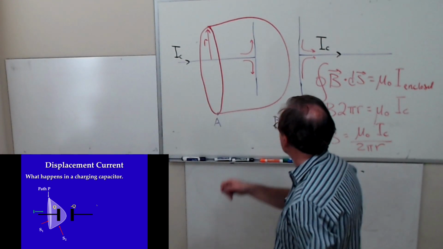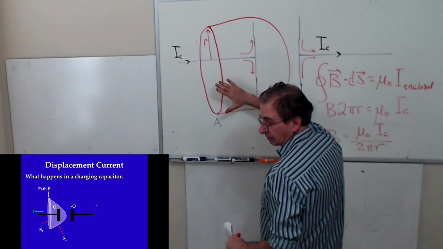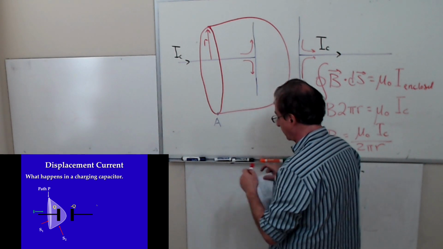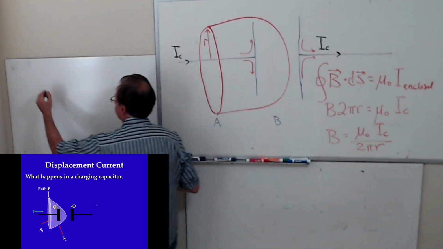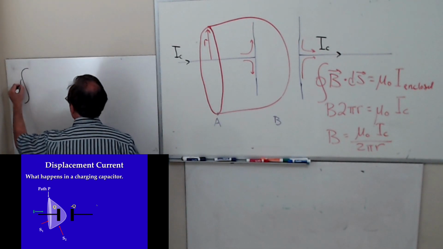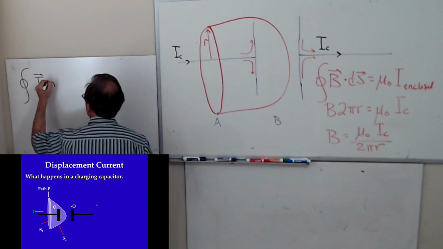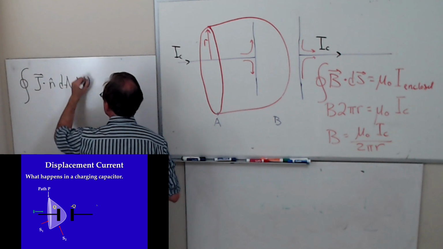In this case, if I look at everything that's inside here, there's actually a net charge flowing in over the closed surface. In other words, if I took the integral of the current density over the closed surface, this is not zero.